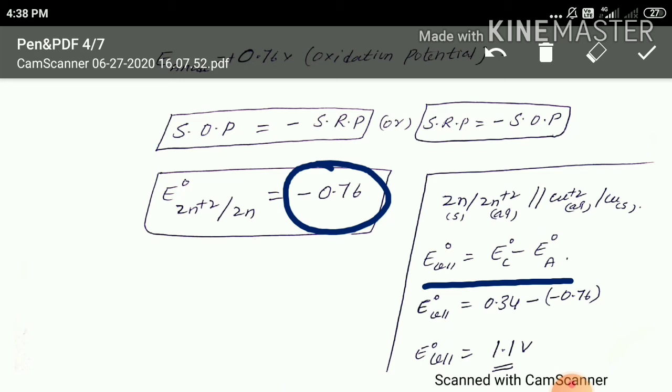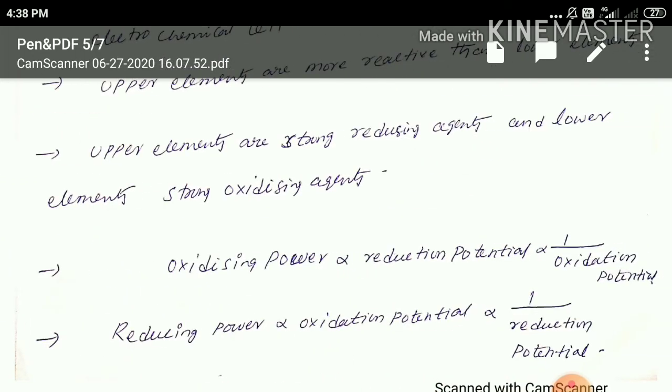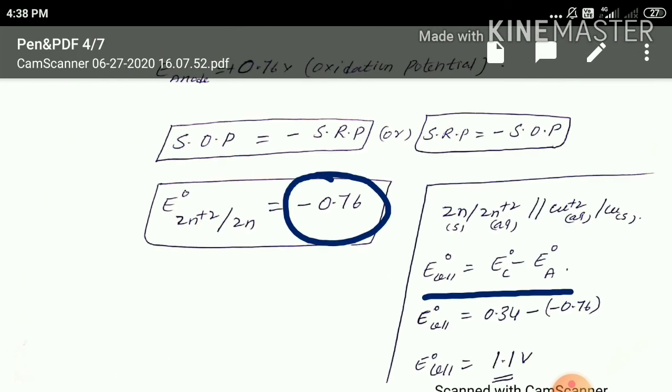That means the EMF value of the Daniell cell is equal to 1.1 volt. This is about the calculation or measurement of electrode potential of an unknown electrode accurately with the help of the standard hydrogen electrode or with the help of a reference electrode.